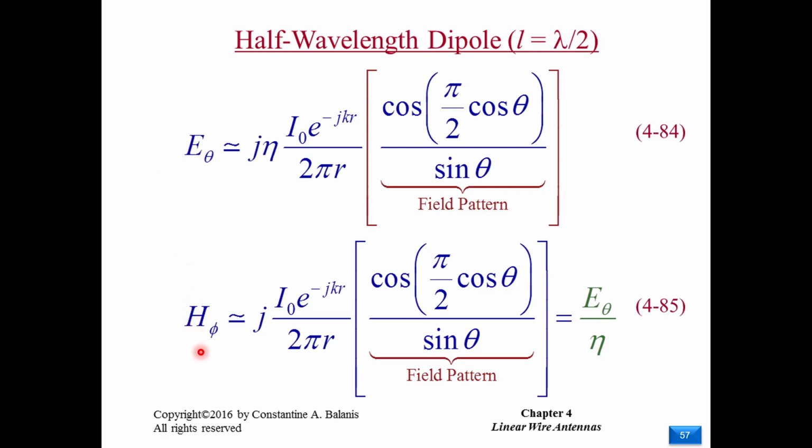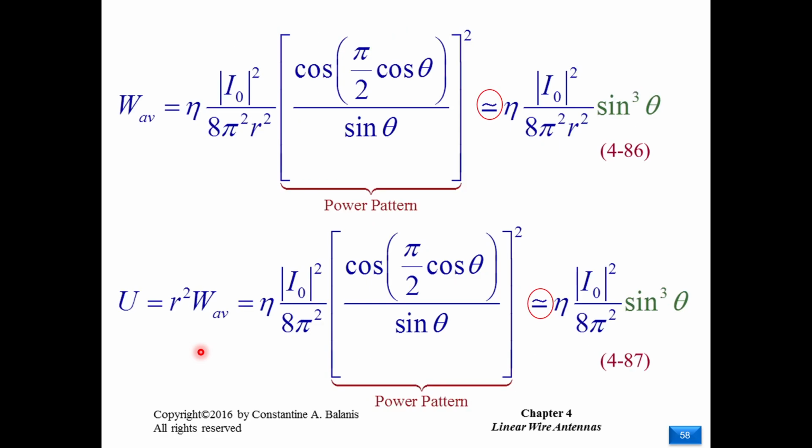This is similar to all the other dipole antennas, where the other component in the R direction is 0, as well as E phi and H theta.